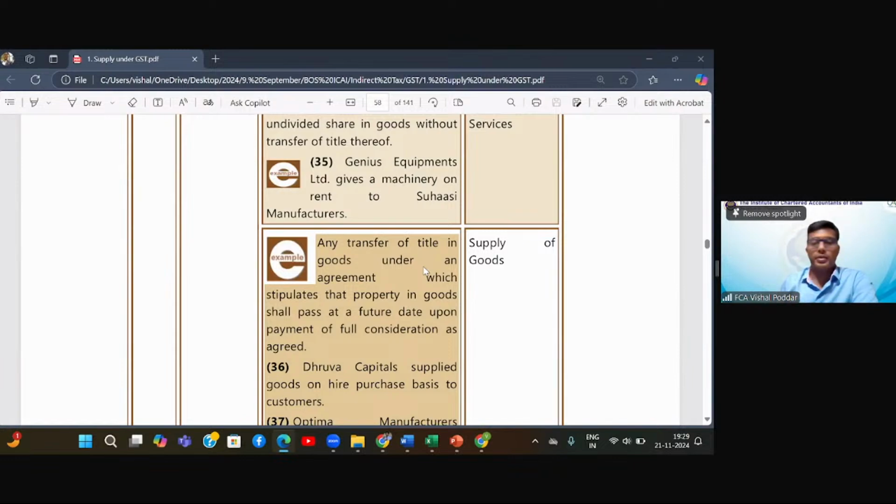Fourth, software. For software, what is the rule? Whether it is a standardized, pre-codified, designed software, or the software is a customized software, that is, as per your requirement the software is made.